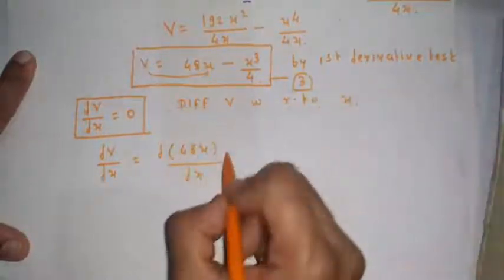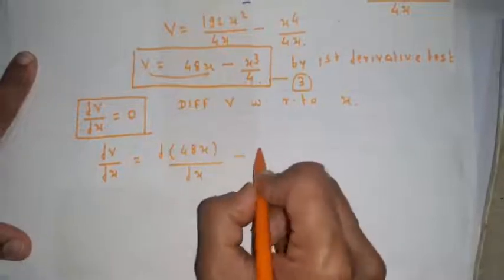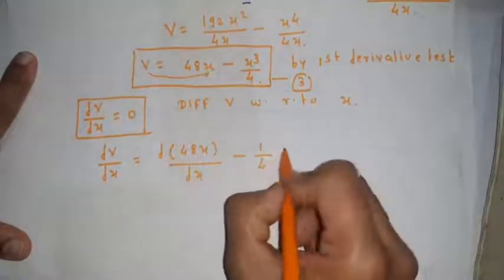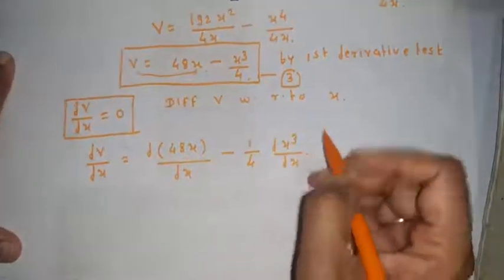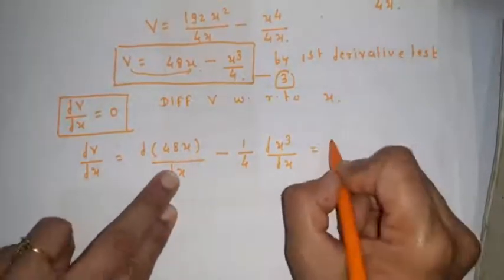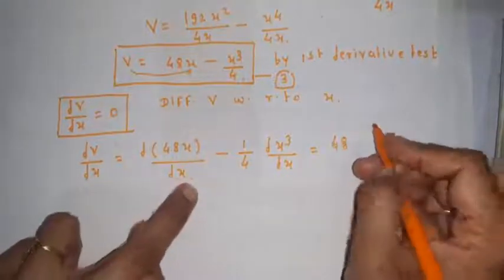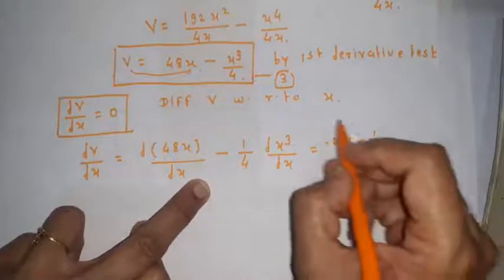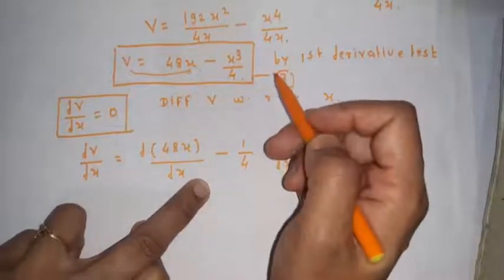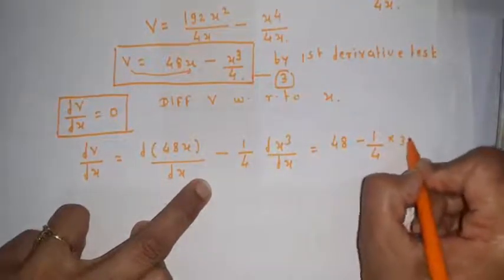Okay, so differentiation of 48x minus 1 upon 4 is constant, differentiation of x raised to 3 with respect to x, and this is equal to 48 as a constant, differentiation of x with respect to x is 1, minus 1 upon 4 is a constant, differentiation of x raised to 3, that is equal to 3x square.